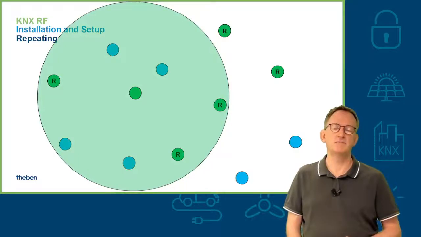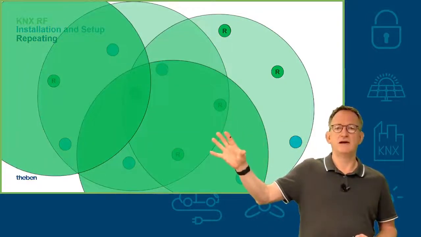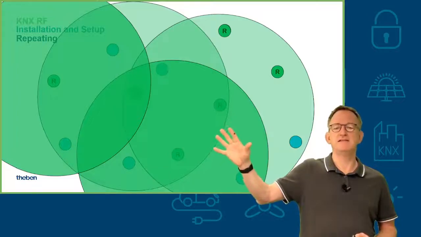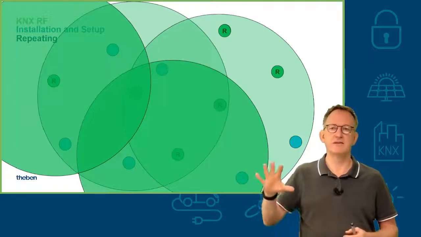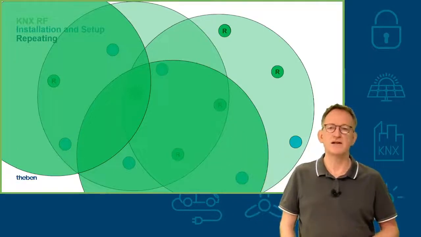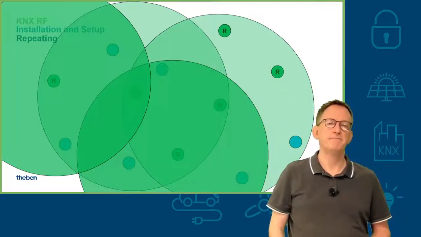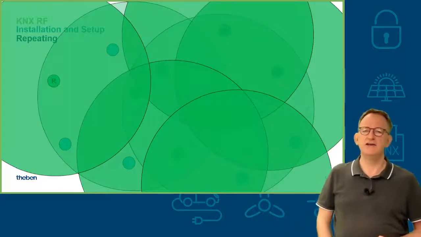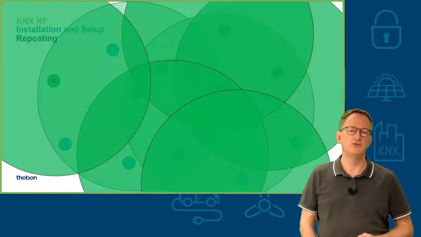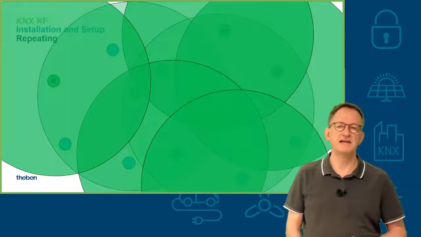The media coupler will send out a telegram to that range, and now these three repeaters will also receive the telegram and resend it. And now you can see we have a pretty high overlap of the telegrams. And now also these two repeaters will receive their telegram, and suddenly we have a huge chaos and a huge mess of telegrams and data on the communication side.